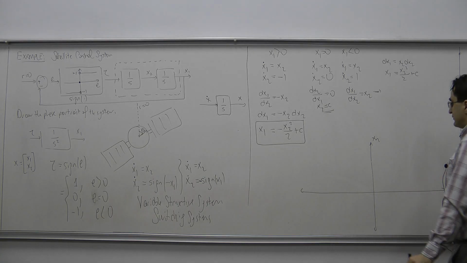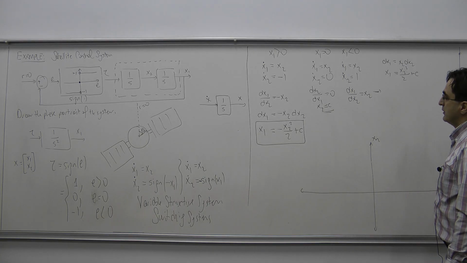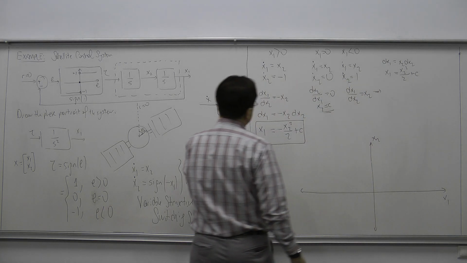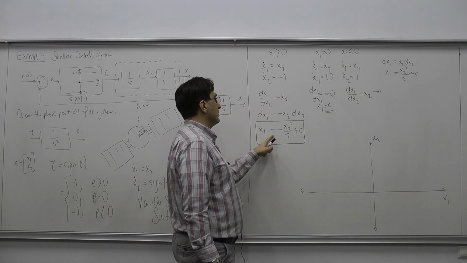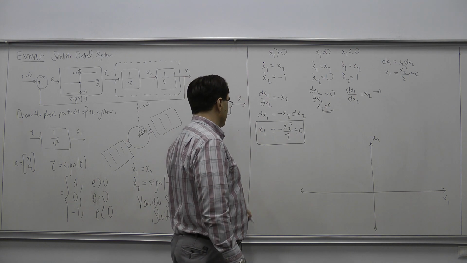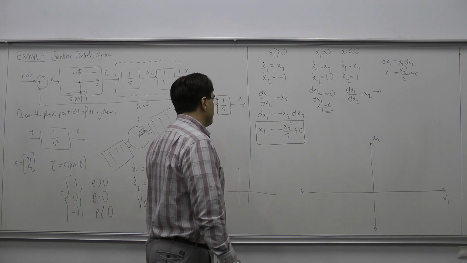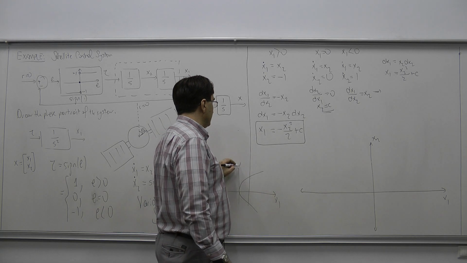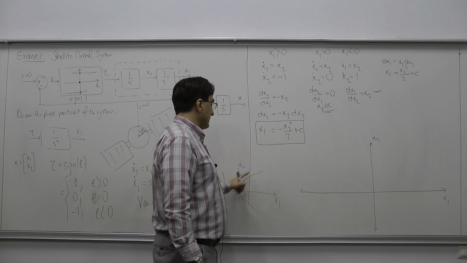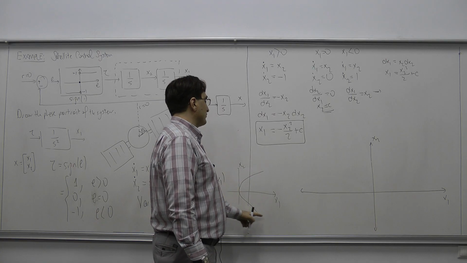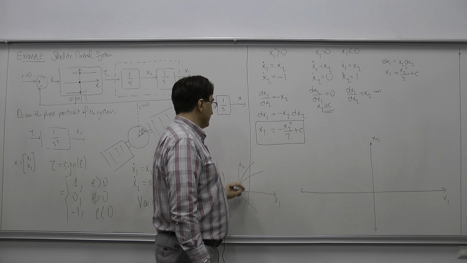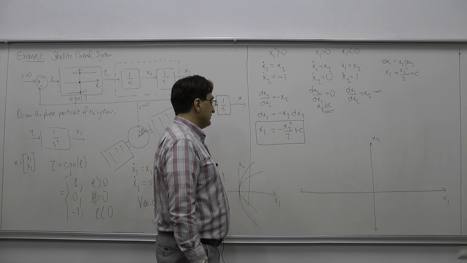So now I can try to draw these phase plane trajectories. So here I have x1 is equal to c minus x2 squared over 2. We know how a parabola looks like. So this is my x1, this is x2. This is a parabola showing x1 equals to x2 squared over 2, going to be like this.